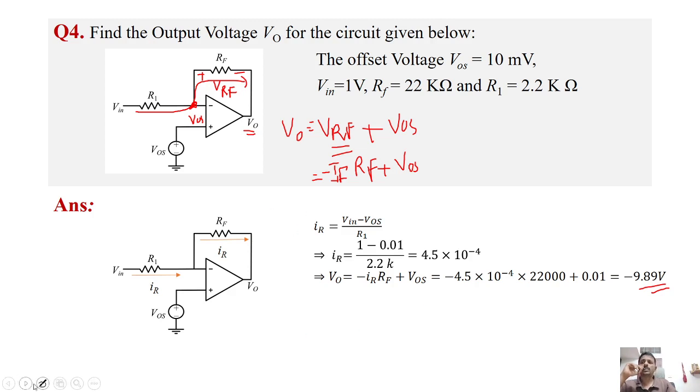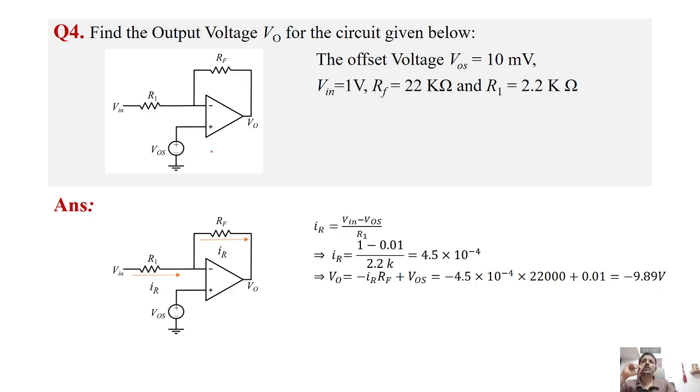Though it's not given, for fun we'll just see how we can find the output voltage V naught if they have mentioned the bias current. Say for example they have given IB minus as some 10 nanoampere, and IB plus, let both be equal, so IB plus equal to 10 nanoampere.